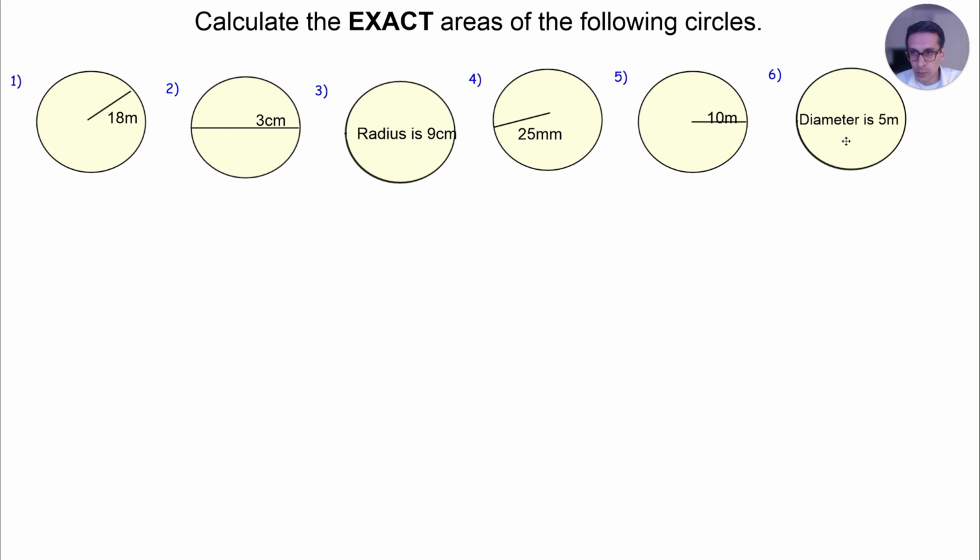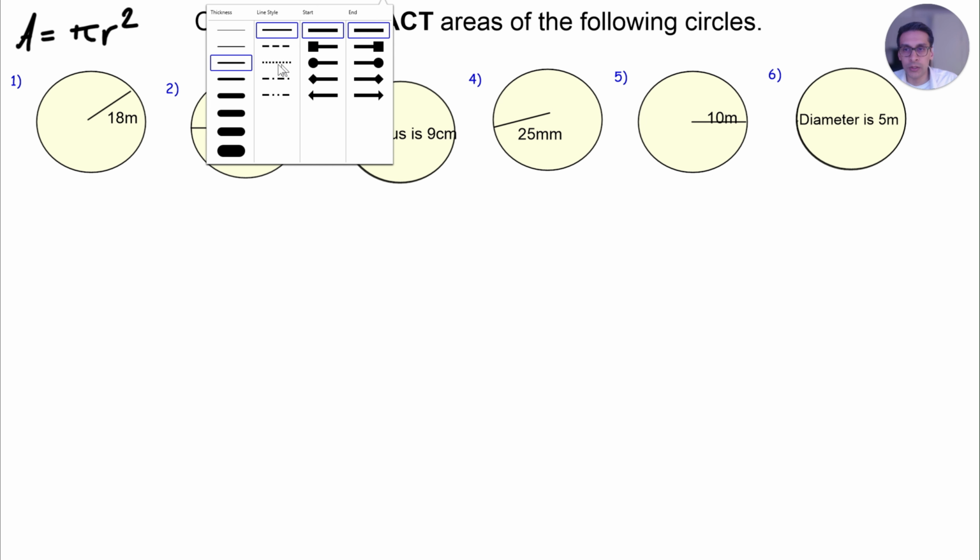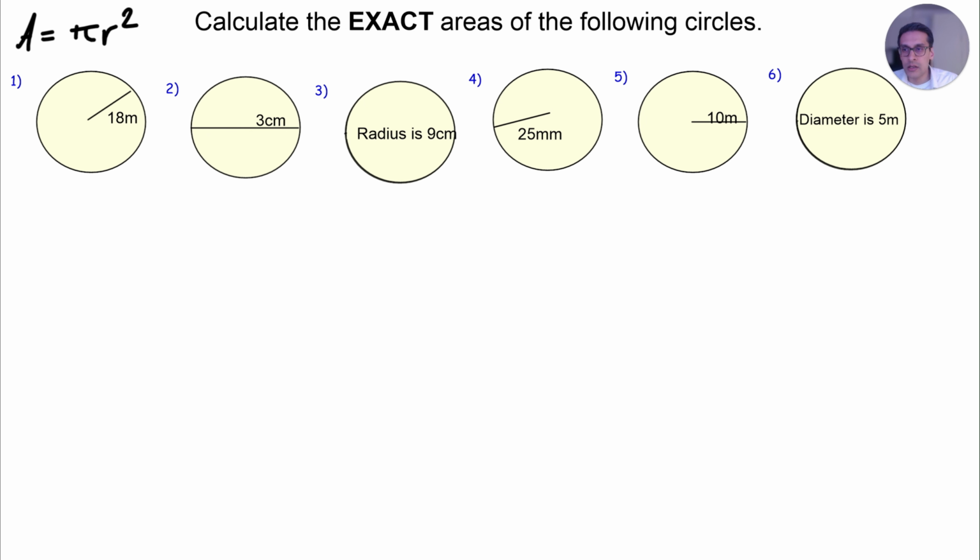So starting with question 1, well, the main idea is area of a circle. So area is going to be equal to pi r squared, or pi times r times r. We're going to use that for these questions, and we can see for question 1 the radius is 18. Now this is asking us for exact answers, so we're not going to need to use a calculator for most of these questions.